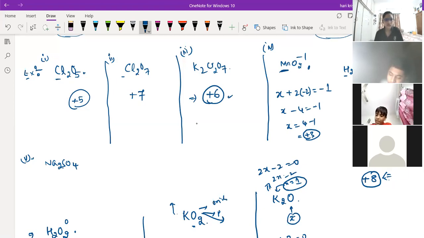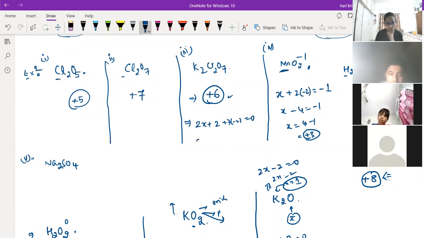And what about chromium? Piyush, tell me the equation right here. So for chromium, we need K2, which is plus 1, so plus 2, plus 2x, 7 into minus 2 is equal to 0.